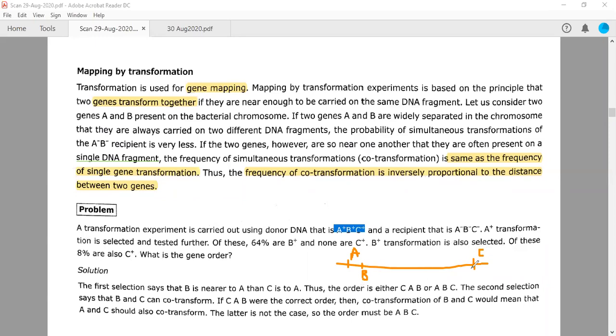Now, the second statement is that B positive transformants are also selected, and of these 8% are C positive. So C is distant: B is 64% with respect to A, but C is only 8% with respect to B. Therefore A and B are very close, and C is distant.